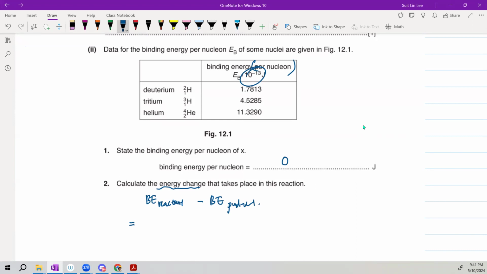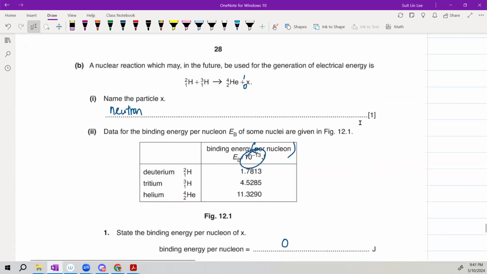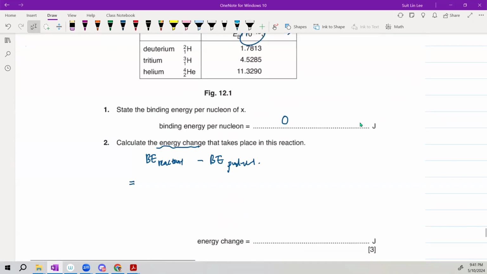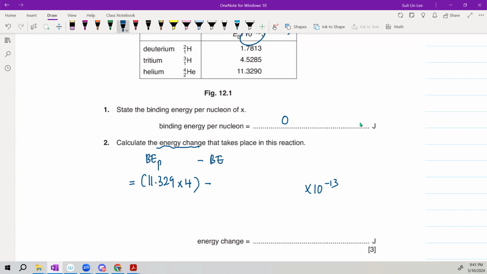Reactant would be helium. 11.329 times 10 to the power negative 13 here. Okay, so 11.329. This is per nucleon, so it needs to multiply by 4. Product minus reactant, like that. Final, which is the product.